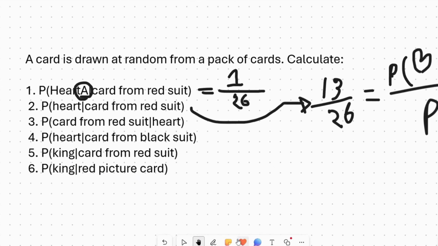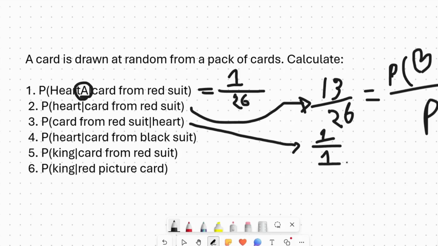So now solve number 3. Card from red suit, heart. Red suit heart is 1 and heart is 1. So this is 1, basically 100%. Now let's solve number 4.